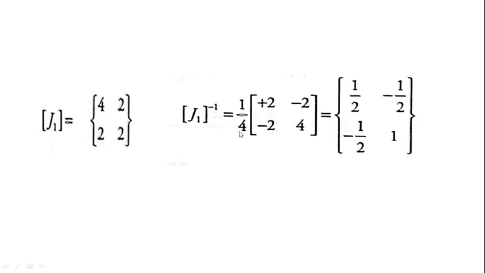So the determinant value is 4. 4 and 2 will be swapped, that means 2 and 4, and the 2 and 2 values become negated, that becomes minus 2 and minus 2. Bring this 4 inside, that gives 2 by 4, minus 2 by 4, minus 2 by 4 and 4 by 4. So we get this matrix for the inverse of J1.